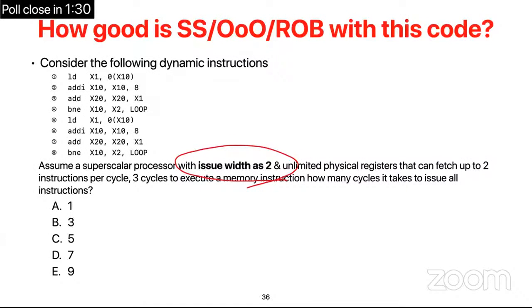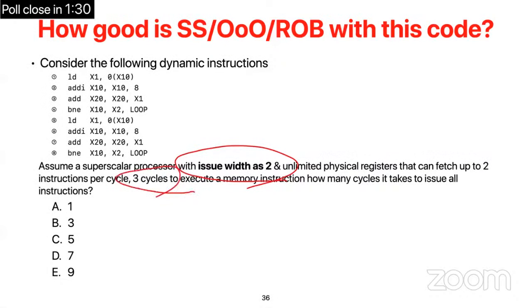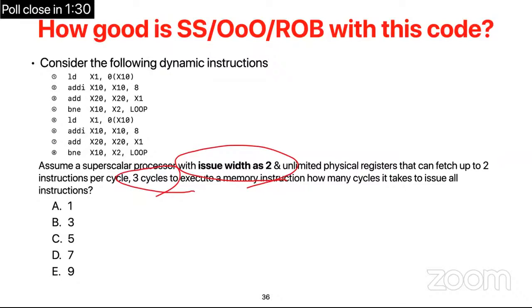If it's a memory instruction, it takes 3 cycles, and for other instructions, it takes 2 cycles. So if that's the case, how good is the following code with superscalar, out-of-order, and reorder buffer?